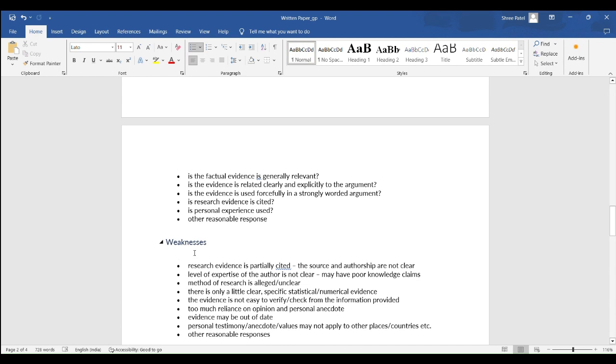When we talk about weaknesses, you can say that research evidence is not clearly cited, the source and authorship are not clear, and the level of expertise of the author is not given, so they may have poor knowledge. The method of research is unclear.